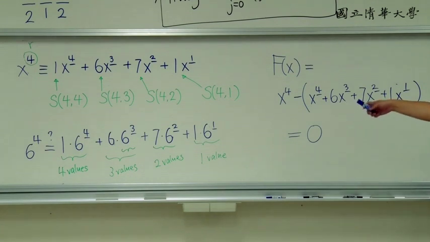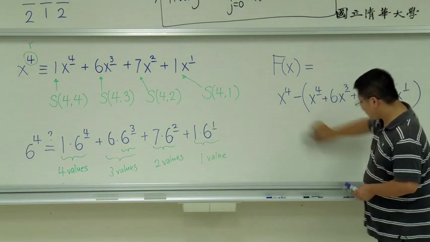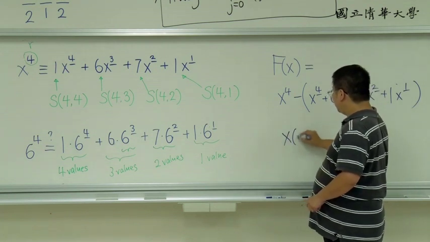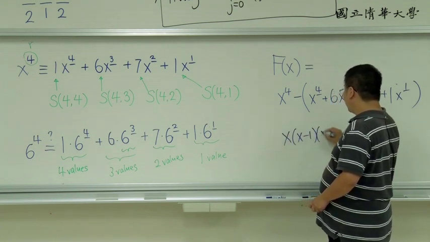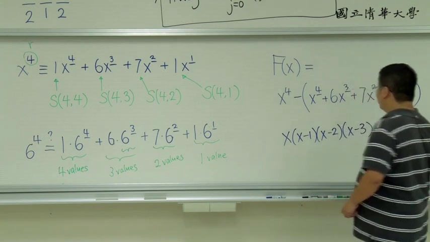We talked about S(n,k) today. So this is the Stirling number of the second kind. So how about the Stirling number of the first kind? The Stirling number of the first kind is relatively easy to define. You just look at the expansion, let's say x minus 1, x minus 2, x minus 3, and so on and so forth.